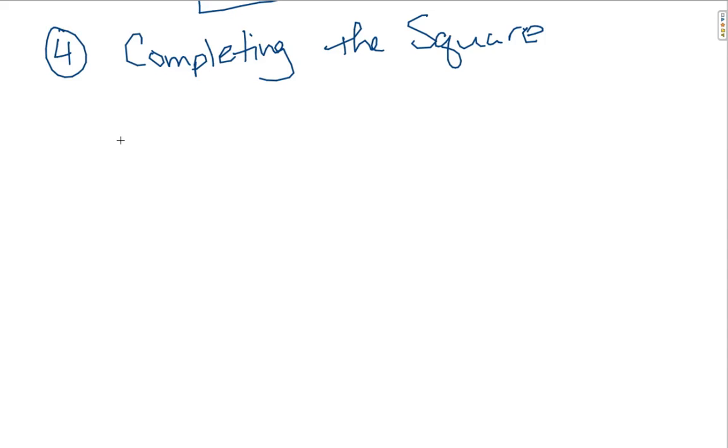So let's consider this here, 2x squared plus 6x minus 5 equals 0.